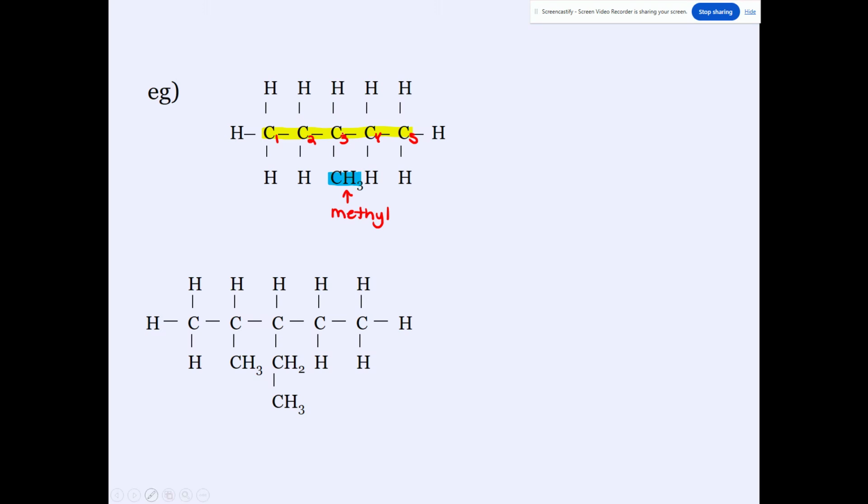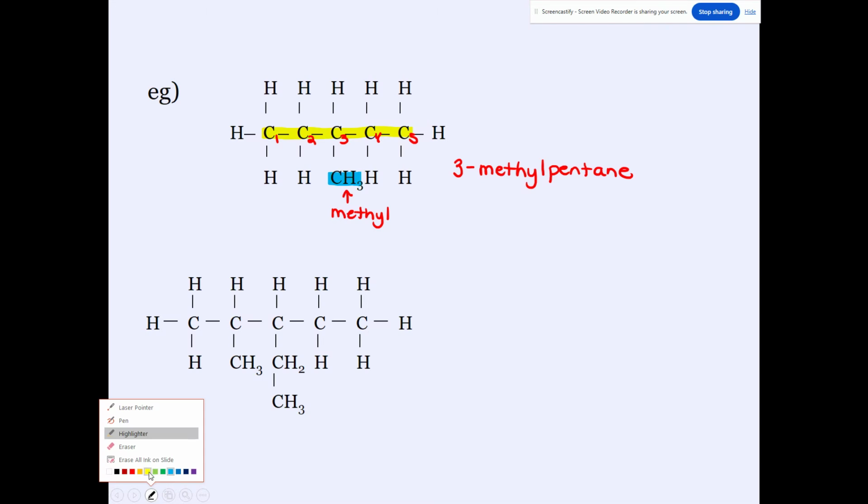So it doesn't matter which way I number it here. Now to name it, I again start with my branch. So on carbon 3 of the parent chain, dash, there is a methyl branch. And my parent is 5 carbons, which would be pentane. So 3-methylpentane is the name of that molecule. Okay, next molecule, again starting with finding my parent chain.